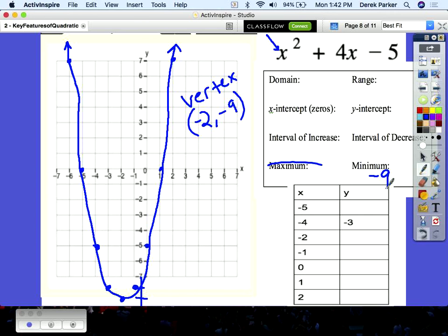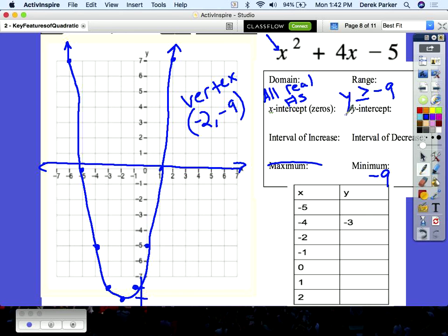The domain is all real numbers because every x value will be represented. However, your y values will not be represented below -9. So what that means is this. The range is greater than or equal to -9.